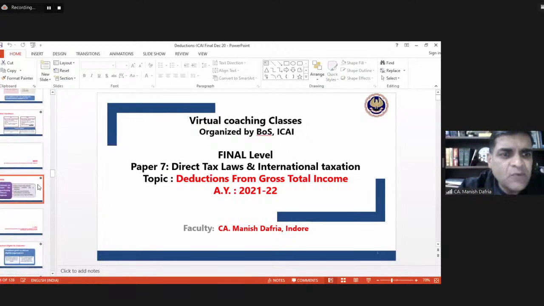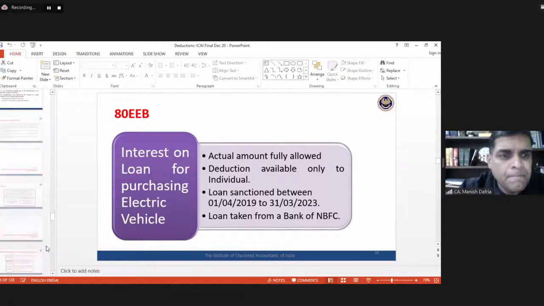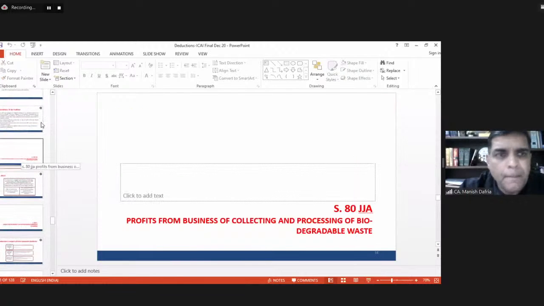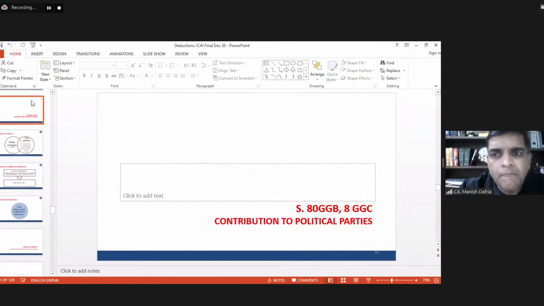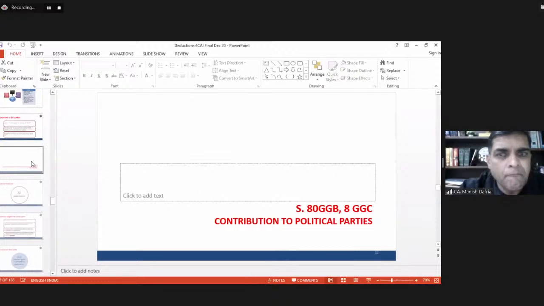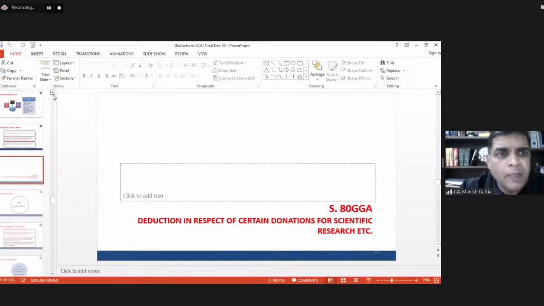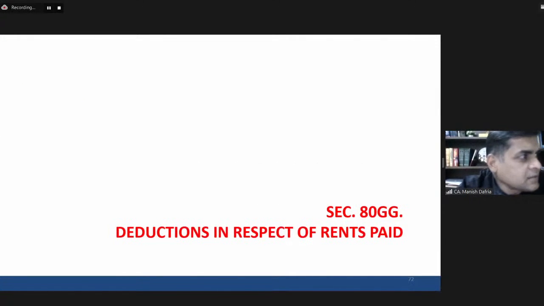The first section for today's discussion is going to be section 80GG, deduction in respect of rent paid by the assessee.